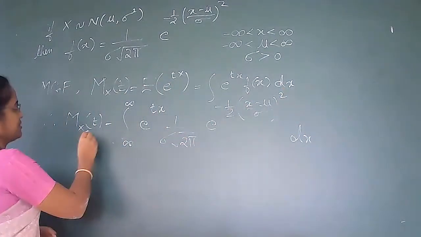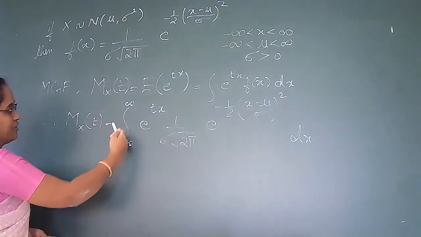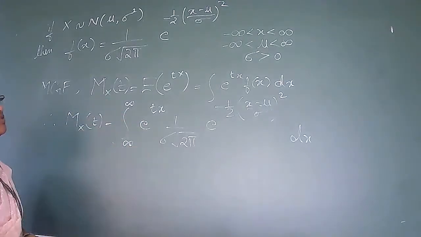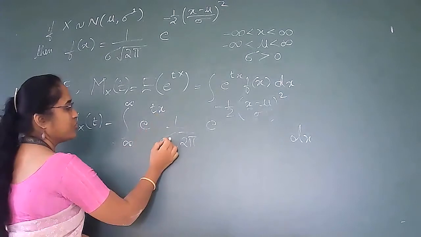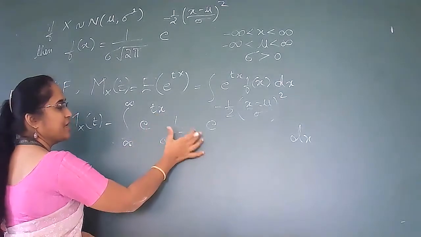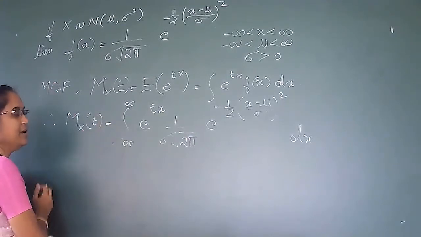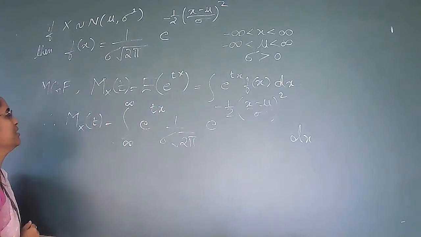This is the way the MGF starts, and we're going to derive it down to a particular formula which we will be using always whenever we're talking about the MGF of a distribution. Now over here, 1 upon sigma root 2 pi is a constant. It can come outside the integral and we will be left with the remaining things.